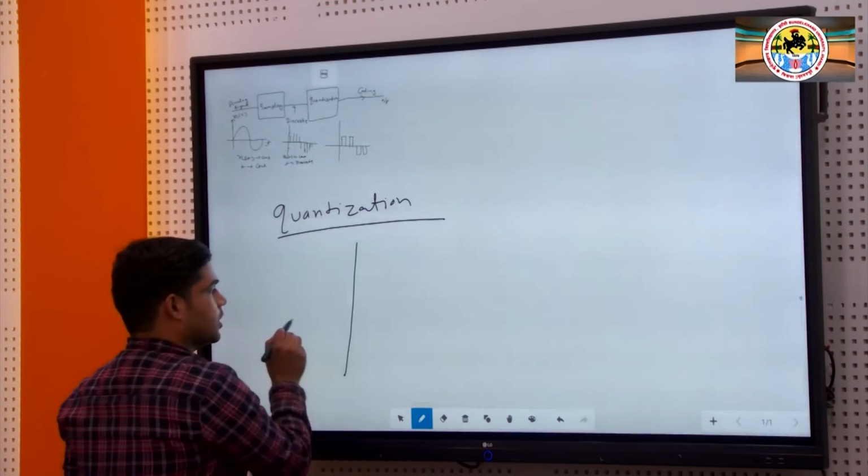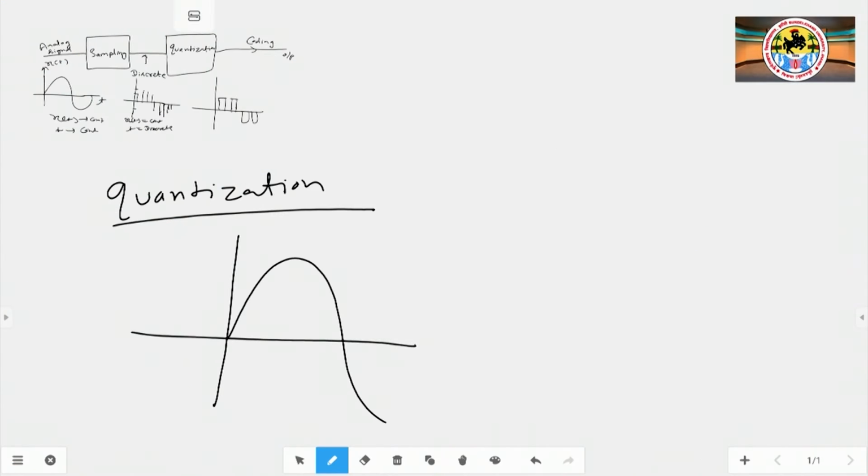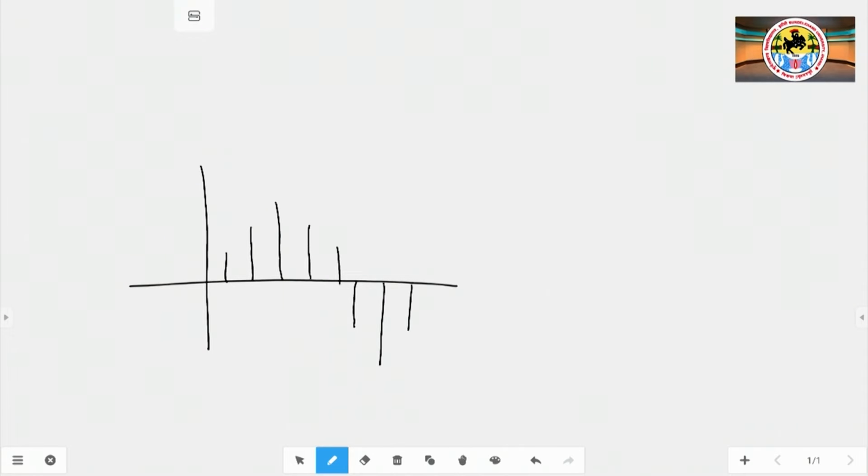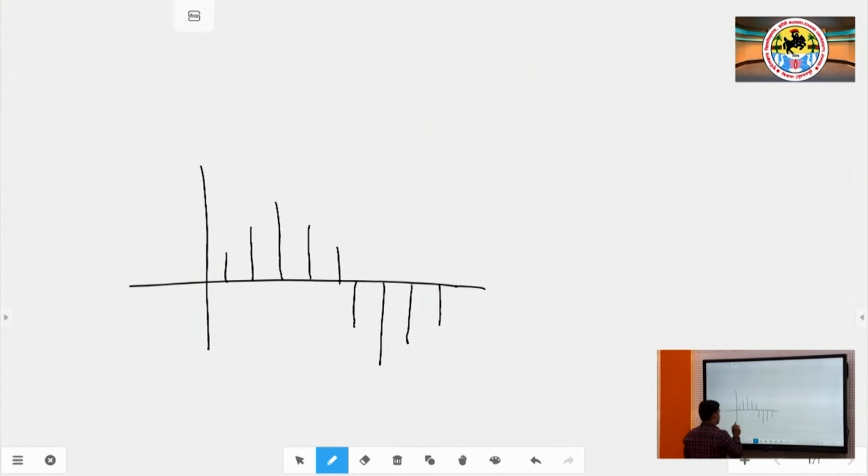If we have an analog signal, the amplitude limit of this analog signal is 3 and minus 3, and this is the signal after sampling. Here we quantize this signal.